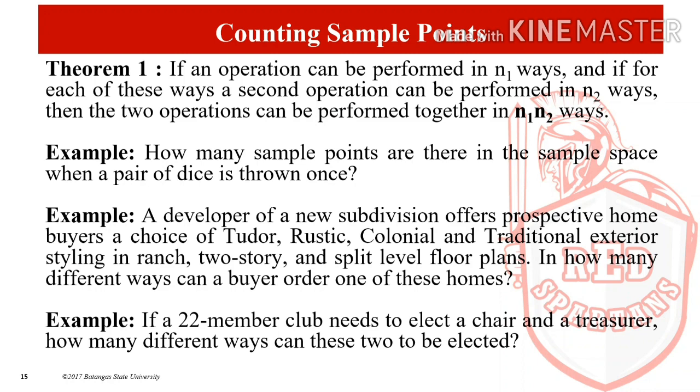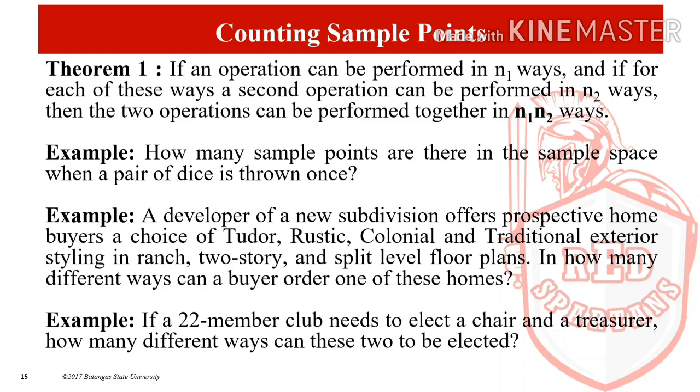Yun yung ating tawag. So for example, meron tayo dito ng example, how many sample points are there in the sample space when a pair of dice is thrown once? So di ba yung isang die natin, ang sample point niya or yung pwedeng lumabas sa kanya is 1 to 6. So ibig sabihin, n sub 1 is equal to 6. Then another die, since pair of dice, ibig sabihin dalawa, ganun din. 1 to 6 din yung ating possible na sample point or outcome.